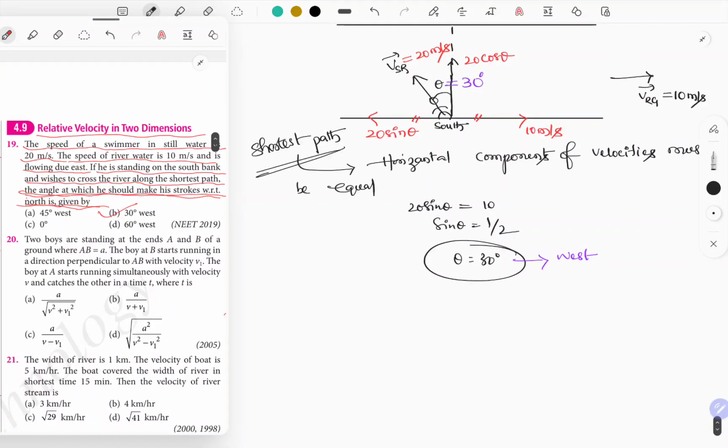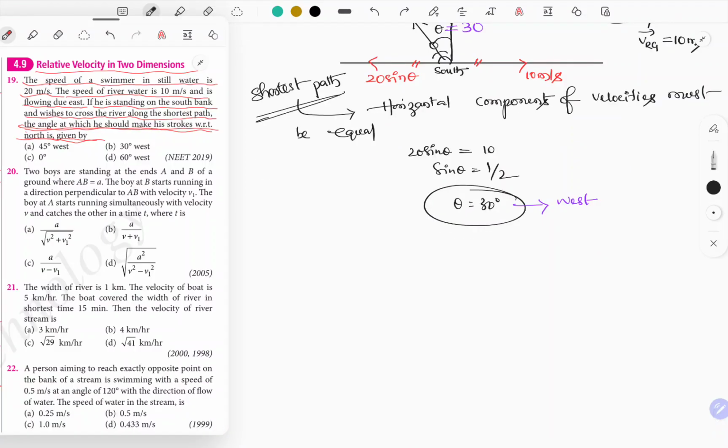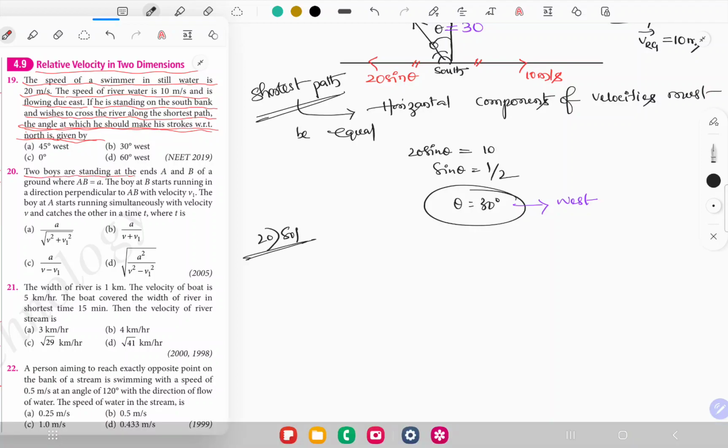Let me start with another question. Now look at question number 20. Two boys are standing at the ends A and B of a ground where AB is equal to a.